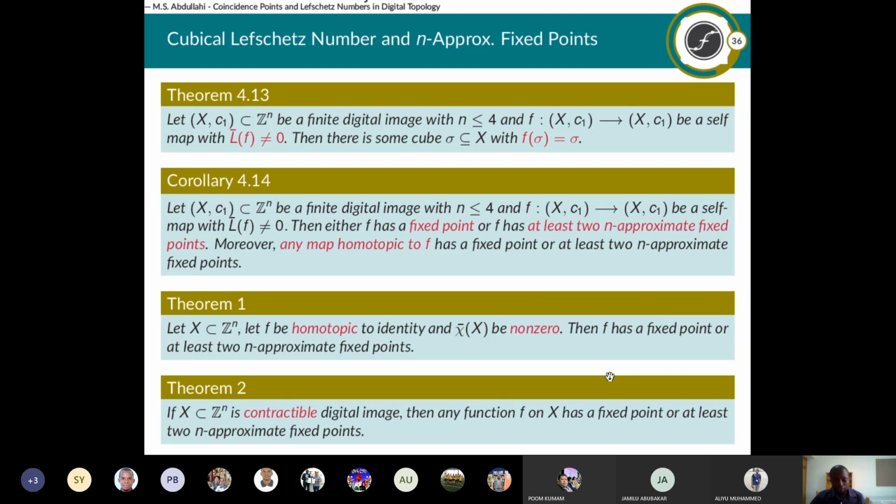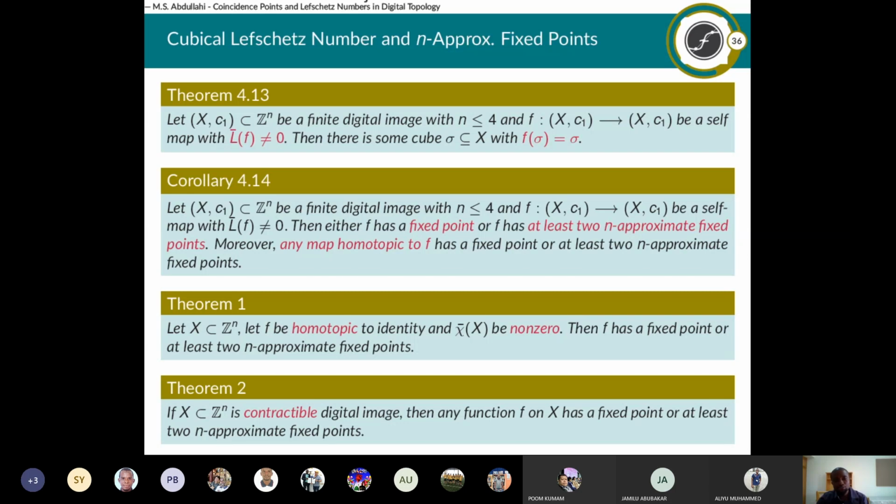The main thing I would like to notice, from what we can see between the simplicial Lefschetz number and the cubical Lefschetz number, is that the simplicial Lefschetz number gives us a better fixed point result. Why? Because it gives us a closer notion to the fixed point than the cubical Lefschetz number.